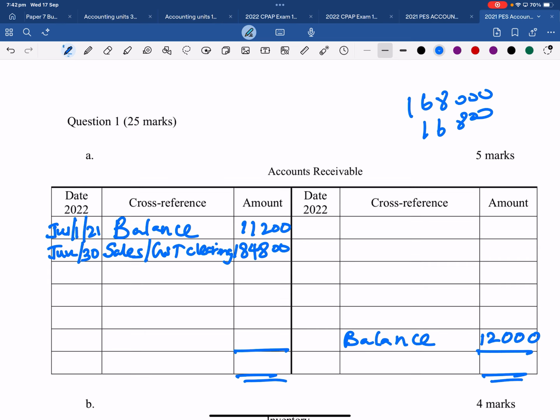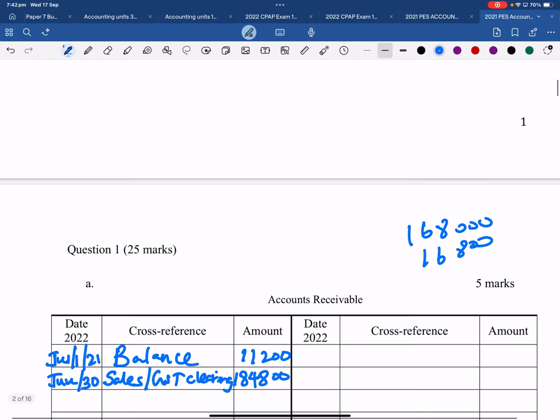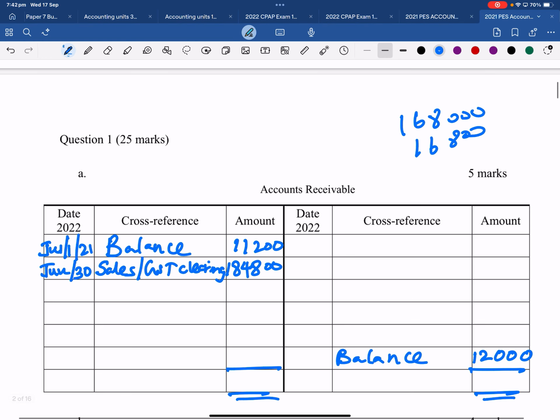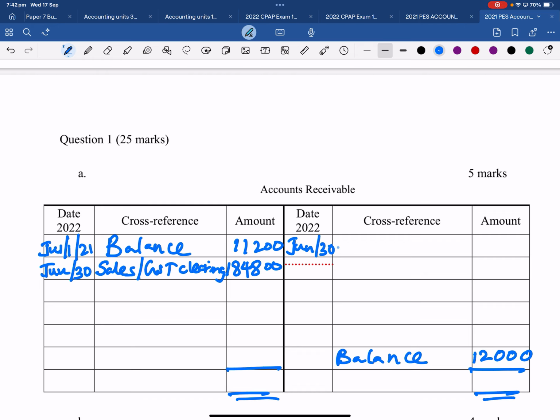Then sales return is how much? 2% of 184,800. What's the double entry for that? The date I put here, June 30th. 22 I'm not writing because they have given it at the beginning.